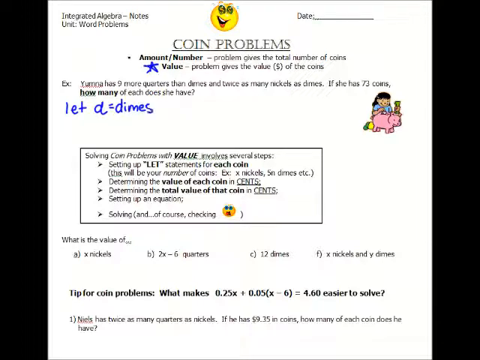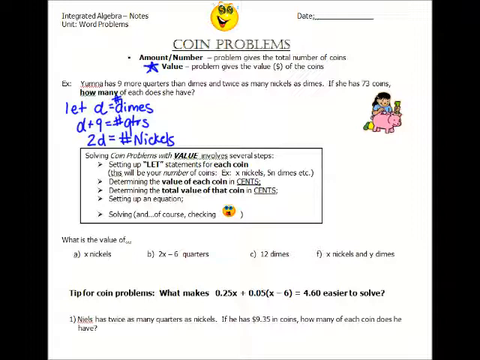Then she has 9 more quarters than dimes, so D plus 9 is the number of quarters. And then 2D would be the number of nickels. All in all, she has 73 coins, so I would sum those up to 73, and then I would solve that.